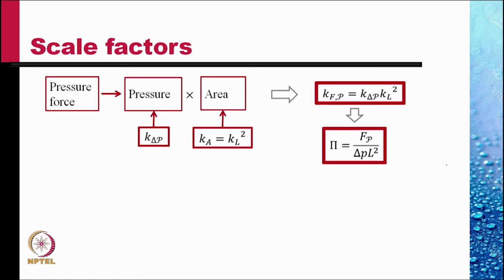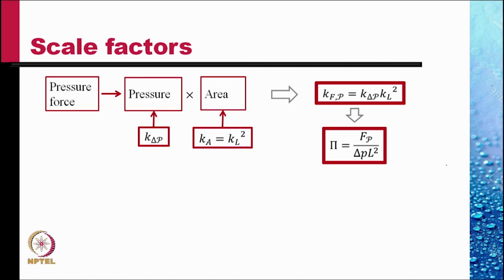The third pi number we deal with is the pressure force, which is pressure into area. For pressure, or rather pressure difference, we have K delta P, and for area we have K L squared. And so K_f for the pressure force is K delta P times K L squared, or pi is equal to F_p divided by delta P L squared.